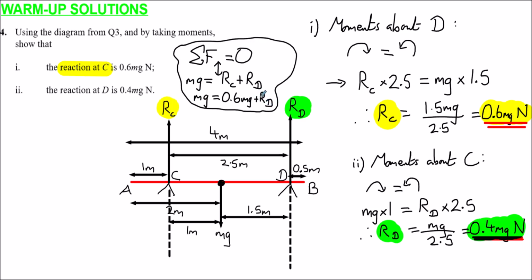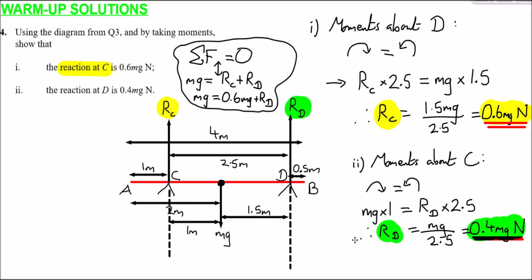If we had rearranged this, we would have found the reaction from D is mg minus 0.6 mg, which again would have given us 0.4 mg, which we worked out a different way by taking moments. So using a combination of resolving forces in any given direction and moments gives us more versatility in order to solve problems in more ways than just one.